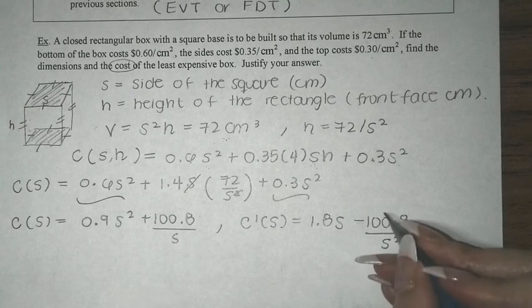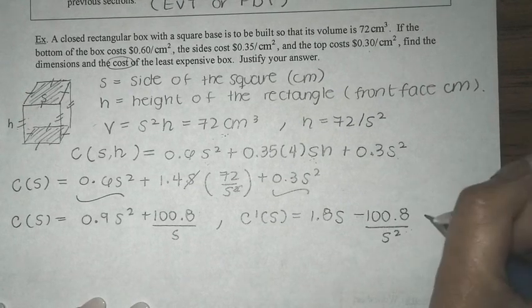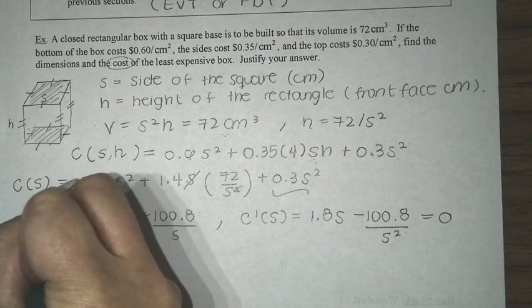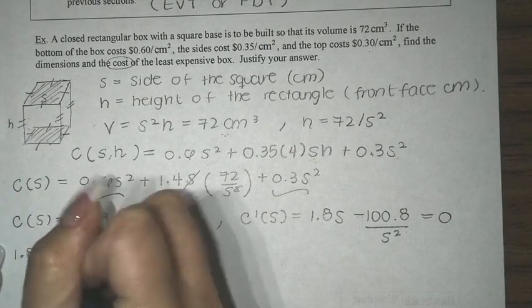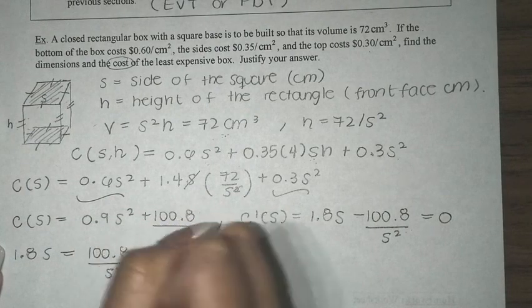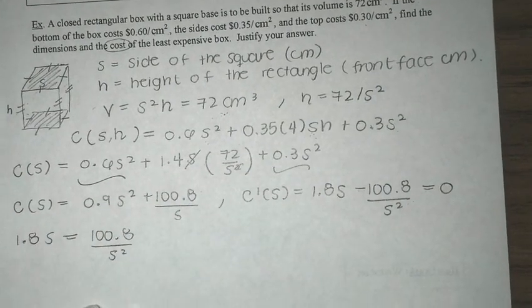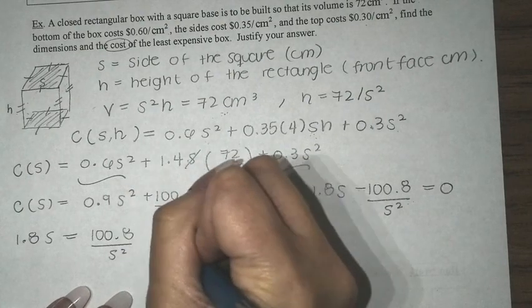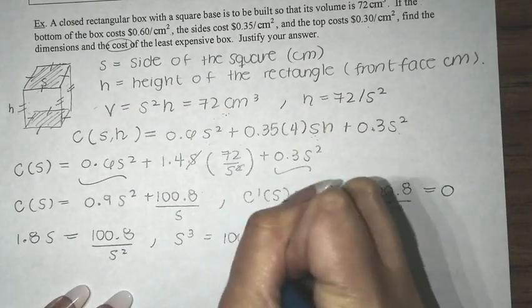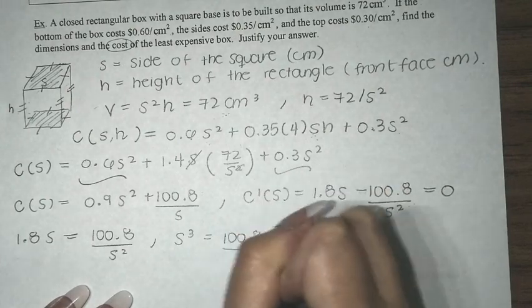As you can imagine, over here I want my critical number, so I want to set this equal to 0, having 1.8 S equals 100.8 divided by S squared. After that, I'm going to manipulate my S, so I have S cubed is equal to 100.8 divided by 1.8.